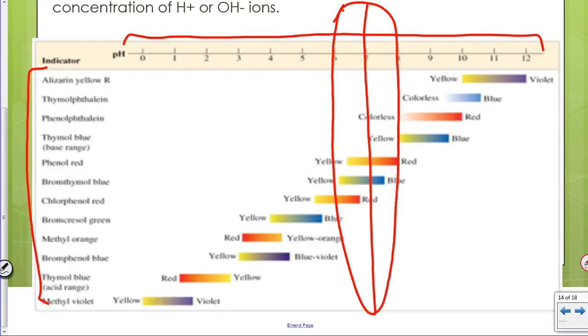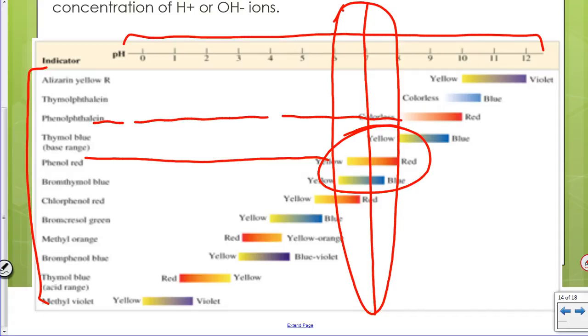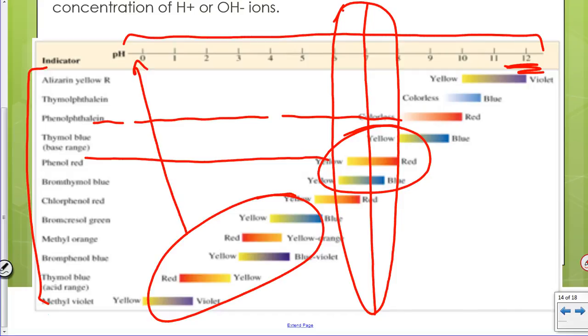So we would have indicators like these in the middle here. These would indicate neutral solutions. The ones up here would indicate our bases. Everybody down here with the lower pH numbers would indicate our acids.